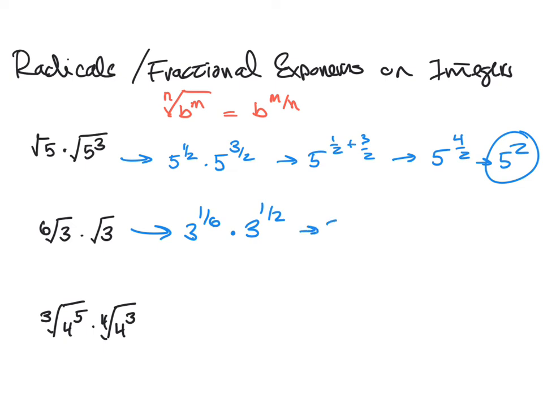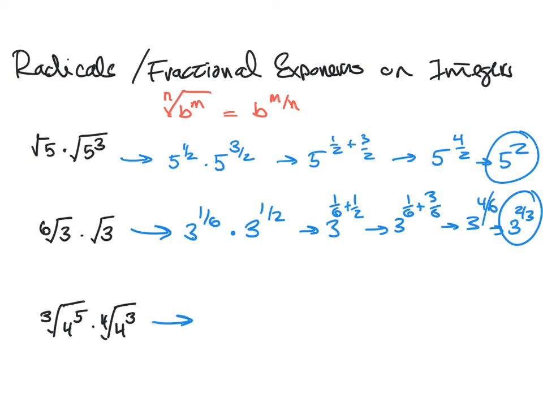So that becomes 3 to the 1/6 plus 1/2, or 3 to the 1/6 plus 3/6, which is 3 to the 4/6, which is 3 to the 2/3. And I think I'm writing them in this form because I think generally in Delta Math, that's the form that you're comparing these two in the drills.